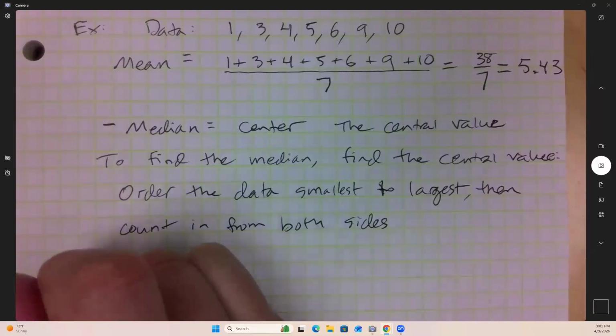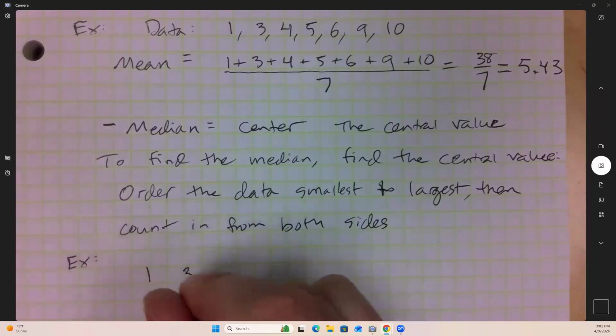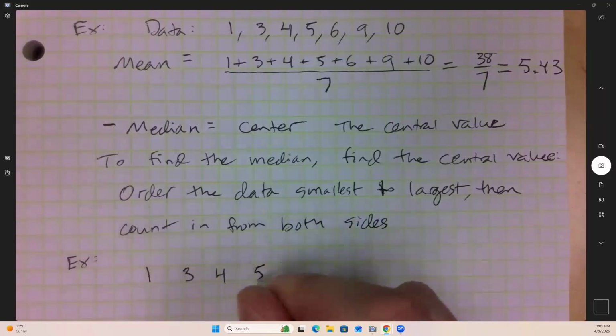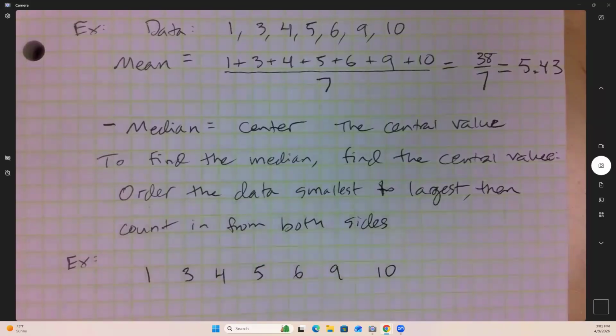Let's use our same data as our example. So I'm going to order it from smallest to largest. And then I actually do this, and I recommend you do this: I take my fingers and I count in from both sides until my fingers meet.